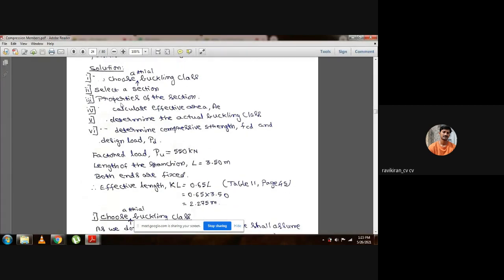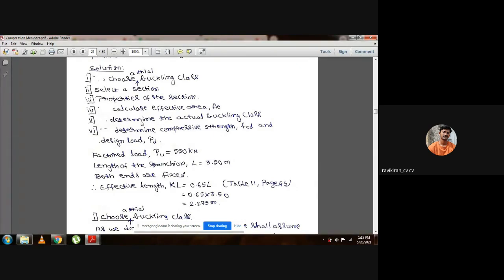For that section we should note down the properties of the section, and then we should calculate the effective area, and based on the effective area next determine the actual buckling class, and then determine the compressive strength FCD based on the buckling class, and then the design load PD. So these are the steps we need to follow. In the previous problem also we followed the same steps.